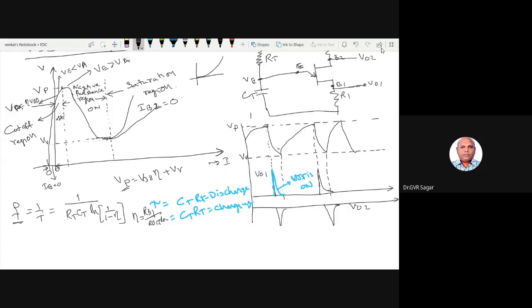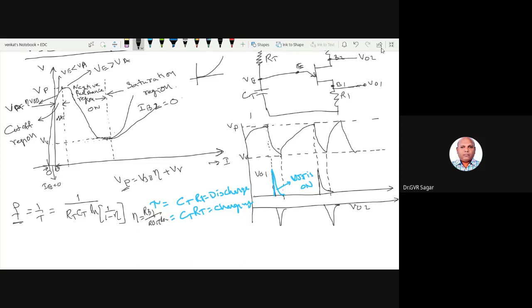When the capacitor voltage, charging through RT, reaches the peak value, the emitter junction becomes forward biased. Then immediately the UJT is in the on state. Under the on state, the capacitor voltage immediately decreases up to the valley point. After reaching the valley point, the UJT is turned off.